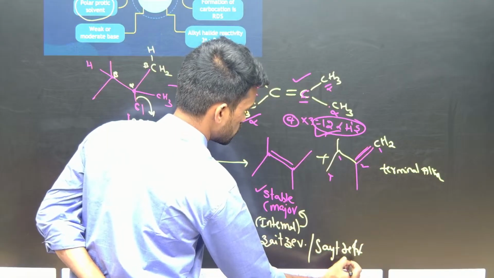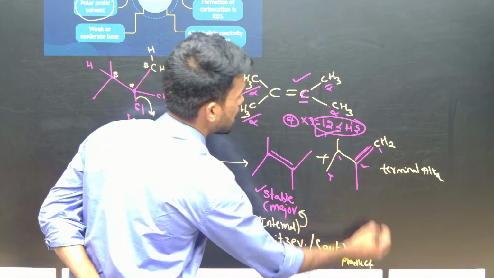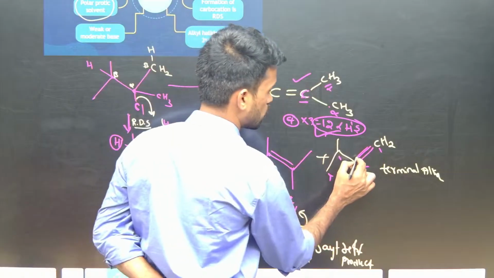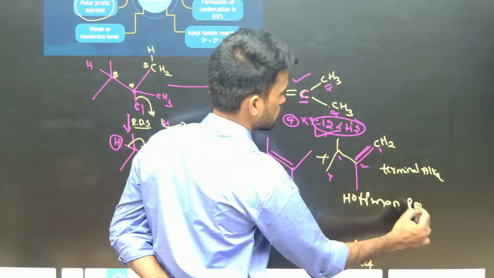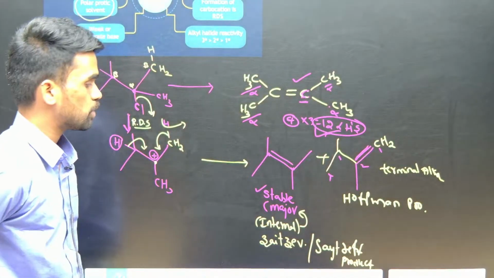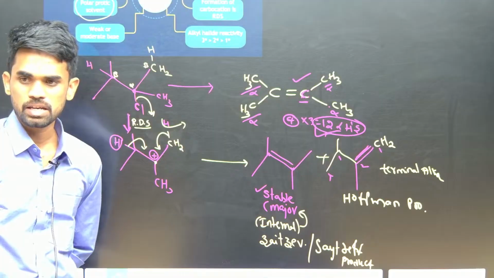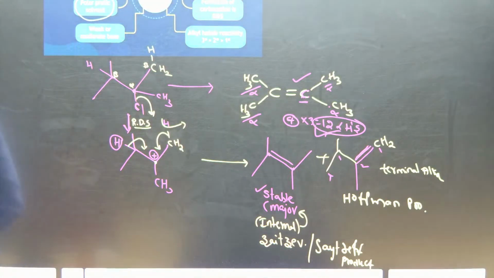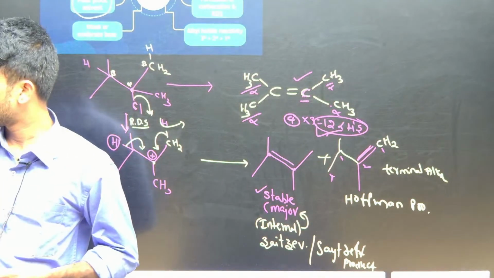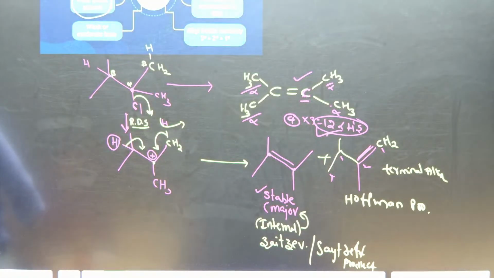Whereas this terminal alkene product is called the Hofmann product. So which is major, the Zaitsev product or the Hofmann product? The Zaitsev product is major in these reactions. Why is it major? Because it is more stable. That's it. This is how you need to understand the Zaitsev product and the Hofmann product during the reactions.